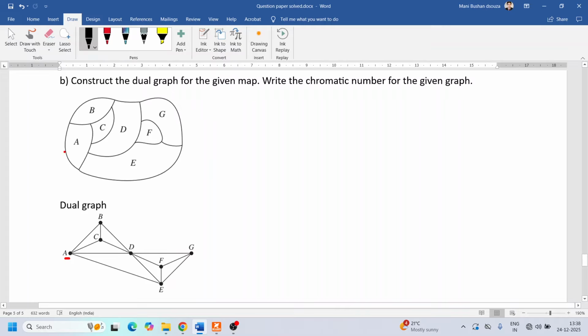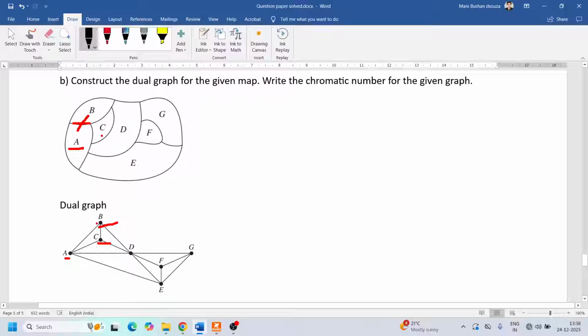So this is vertex A, this is vertex B, this is vertex C. So all the planes are taken as the vertices of the graph, and then say whether they are adjacent to each other. A and B are adjacent to each other.